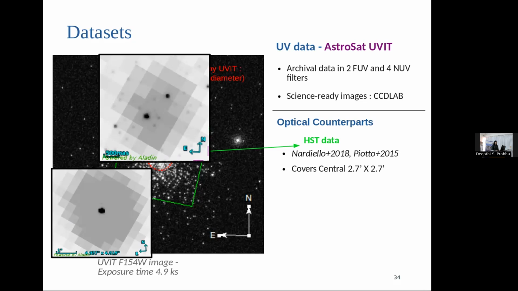In cases where there are multiple sources within the resolution element, we actually ignore that source. For some clusters where UVIT cannot resolve the central region of the cluster, we do not use the data for that region. So our study, in the case of some clusters, may not have the completeness that we require.